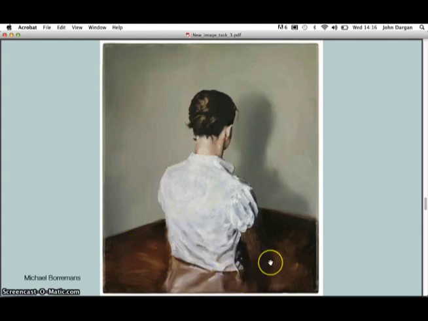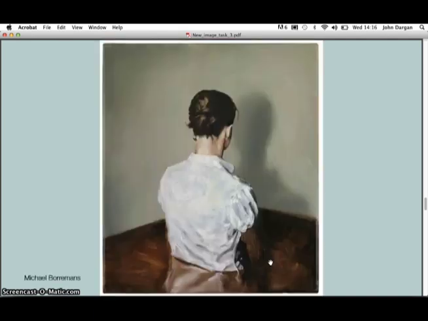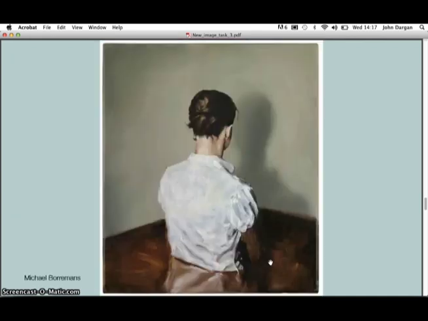So going back to thinking about the interpretation of this image, thinking about the techniques that have been used, how the artist might have arrived at this. The artist might have been playing around with photographs and chopping up photographs that he'd taken of friends or models, and he may have made a little collage that he worked from.